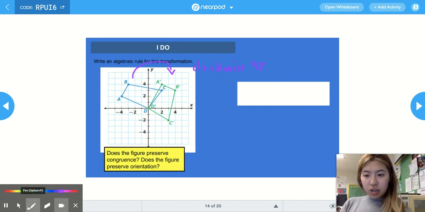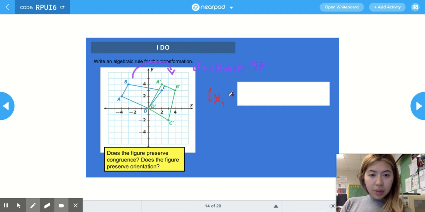So I'm going to start by trying to write my rule. x, y to. So I know that I'm going to have to flip my x and my y around, but I know that one of the signs is going to be flipped as well.